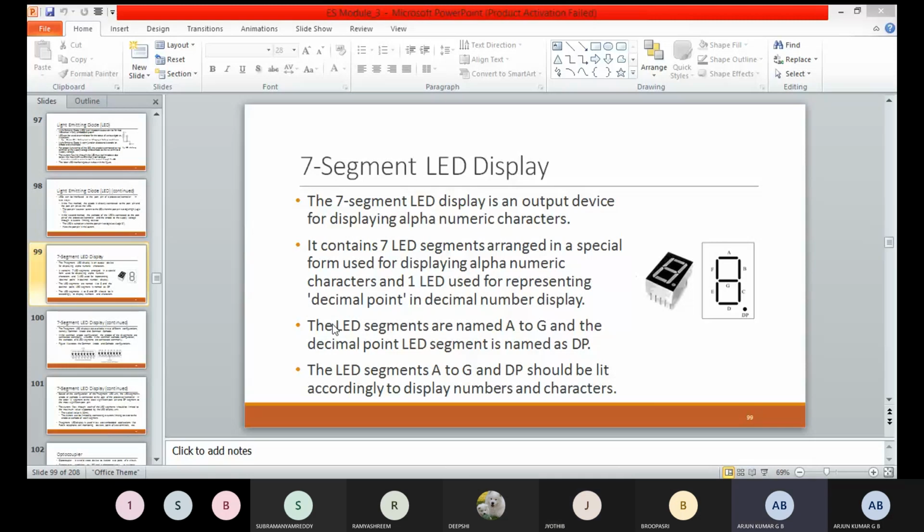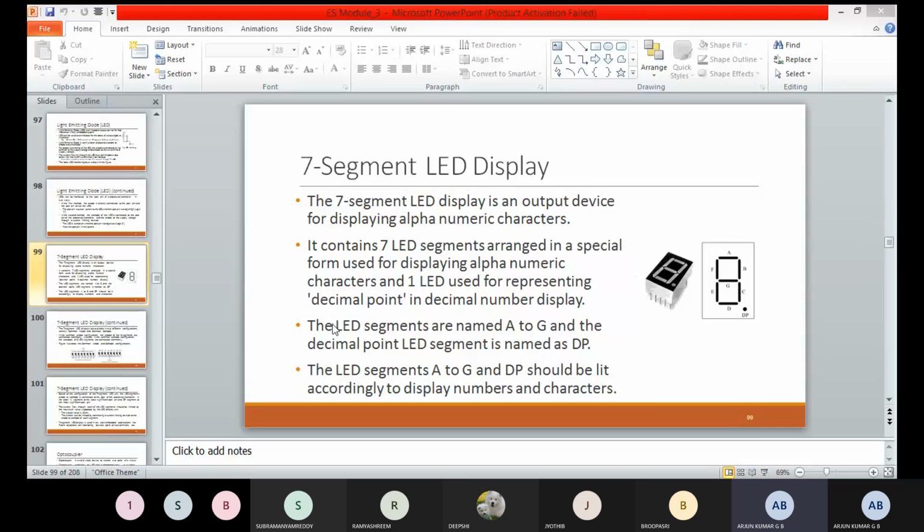Next, continue. The 7 segment LED displays are available in 2 different configurations, namely common anode and common cathode. See, this is an LED, light emitting diode. There are 2 types of configuration in a 7 segment display. There's a common anode.